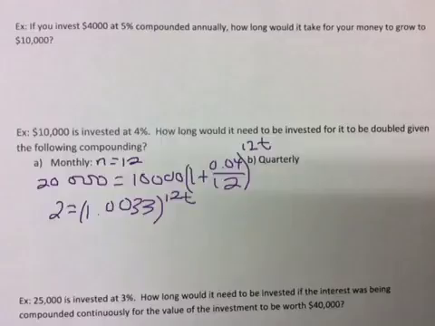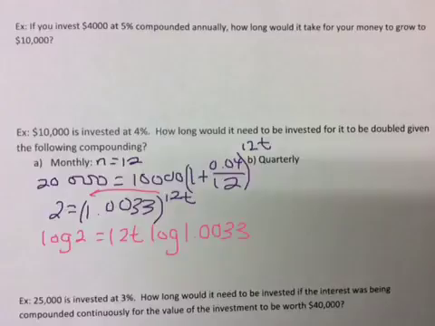Okay, now we take the log of both sides. Move the exponent down at the same time, so 12t log of 1.0033, and divide both sides by the log of 1.0033, and also divide it by 12.